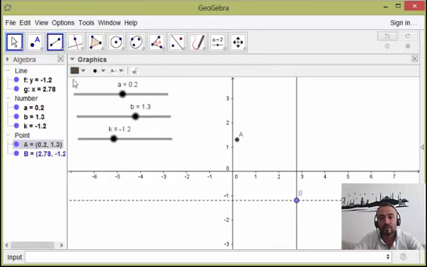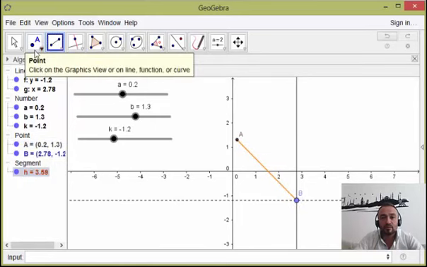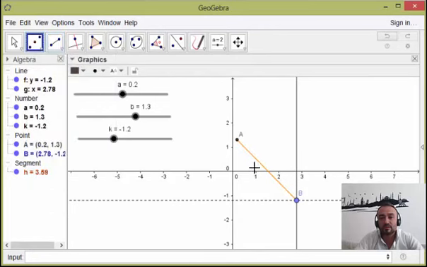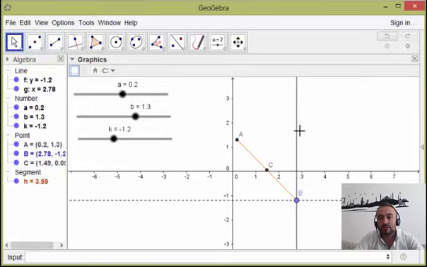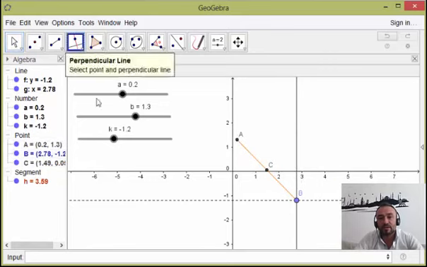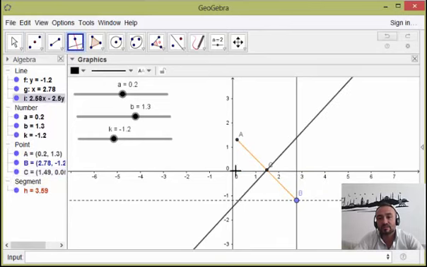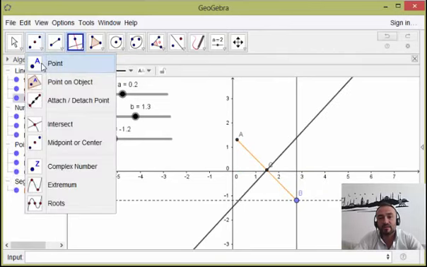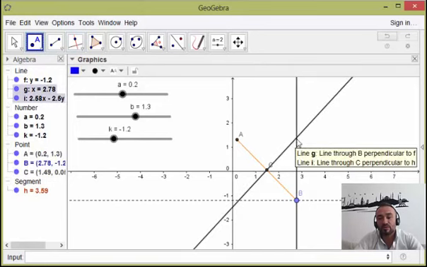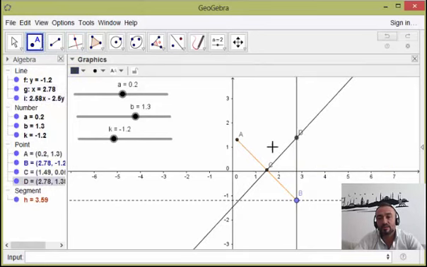So create a segment between A and B and find its midpoint. My imaginary isosceles triangle is here, and create its height. Then find the intersection point of these two lines.